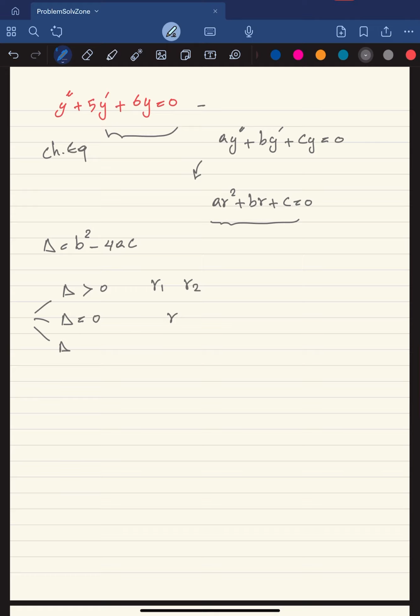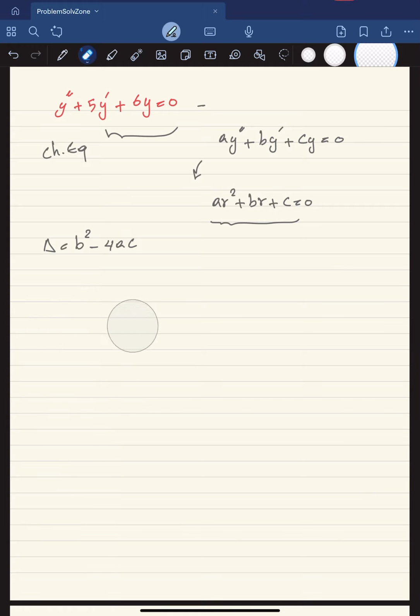Or delta could be negative, then we have two roots, and they're in the form of complex numbers like this. For each of them we're going to write the general solution, which has different forms, and I'm going to tell you about all of these. So let's solve this equation.